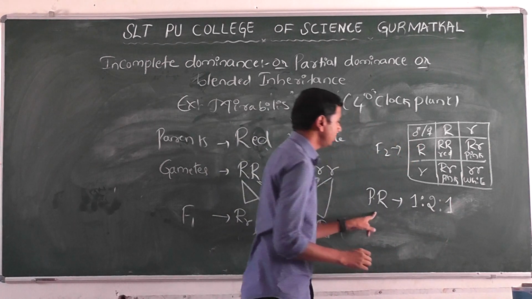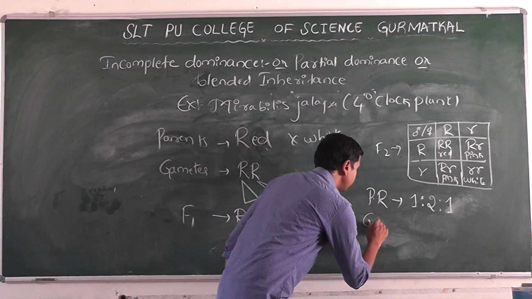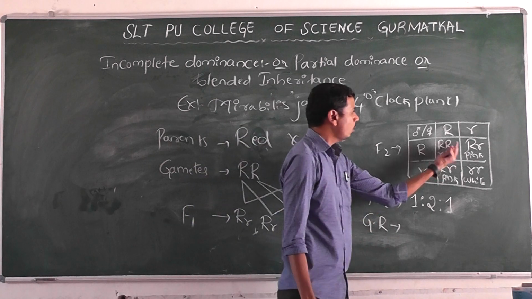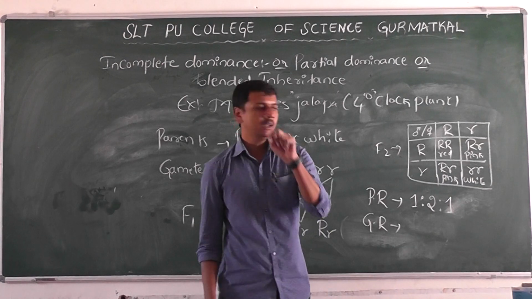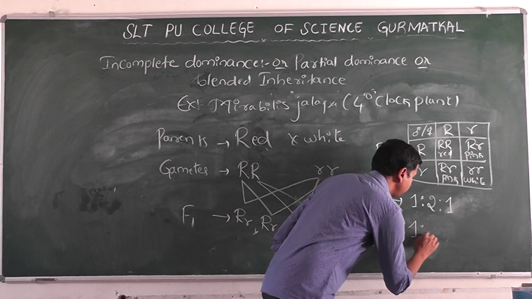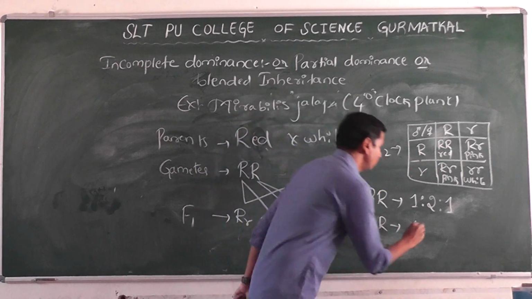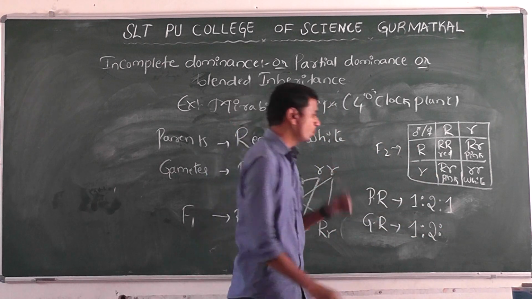So the phenotypic ratio is 1:2:1. Then we concentrate on the genotypic ratio. How many homozygous red are there? It will be 1. Then the heterozygous pink flowers are 2, and the homozygous white will be 1.